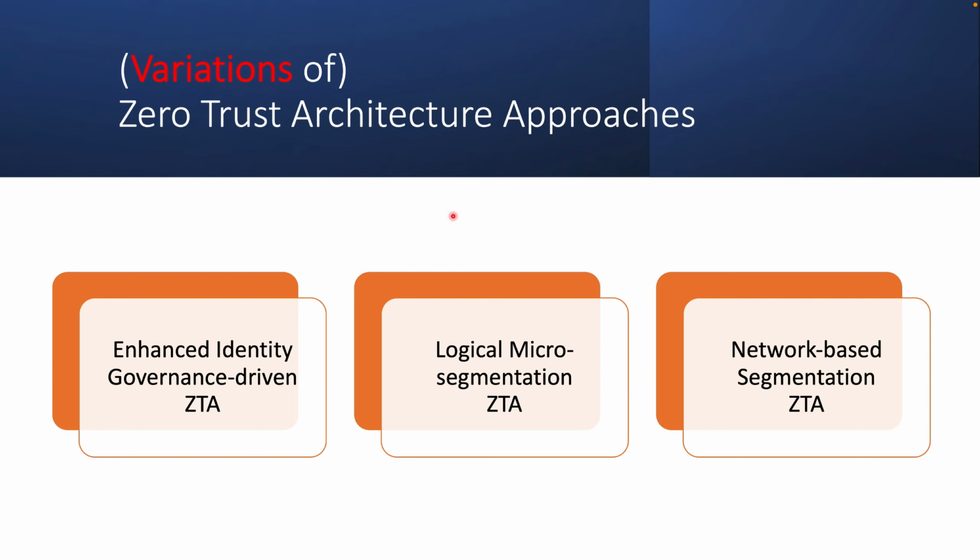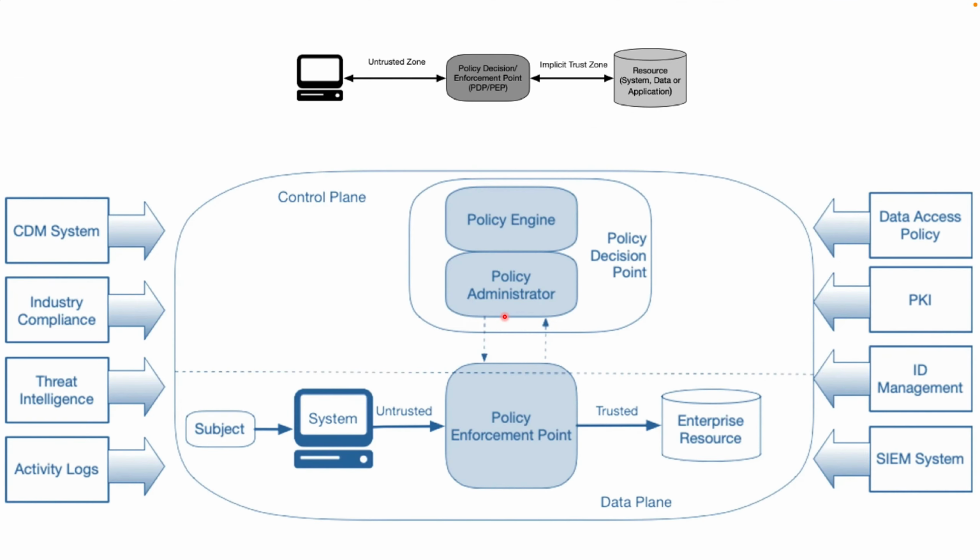Now let's make this clear. We call them variations because neither of them implements the whole Zero Trust access model. One approach only uses some components of the Zero Trust access model.